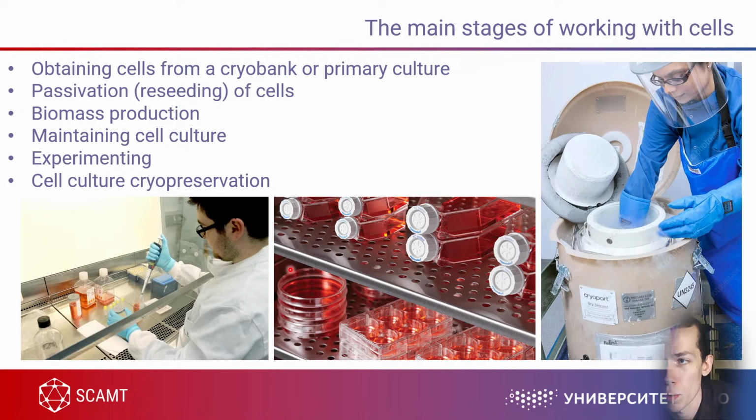So, the main stages of working with cells. Not very important for all of you, but why is this important? We can just skip this one, it's just for you to understand that there are a lot of stages of working with cells. You need to obtain them from some primary culture or cryobank, passage these cells, produce and maintain them, perform some experiments, and again put these cells in cryo boxes and so on.